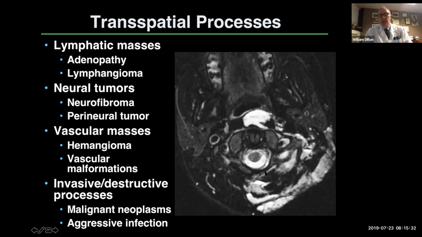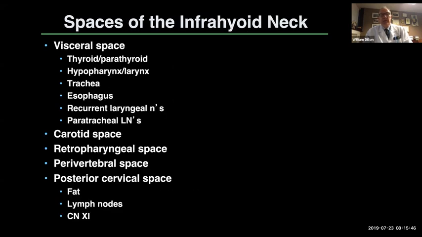Here's a mass that's going into the prevertebral muscles, coursing along the subcutaneous tissues, pushing forward into the retropharyngeal space. So an example of a transspatial mass. Okay, so that is sort of the idea behind transspatial masses.